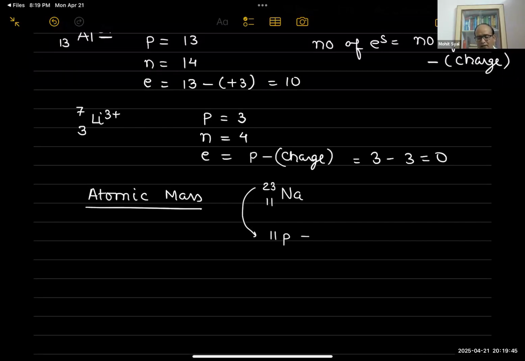And how many neutrons? 12 neutrons. So the mass of 11 protons will be 11 U, because each proton carries a mass of 1 unit. Each neutron also carries a mass of 1 unit. So the total mass is 23 units or 23 AMU. Is it clear or not? Yes, sir.